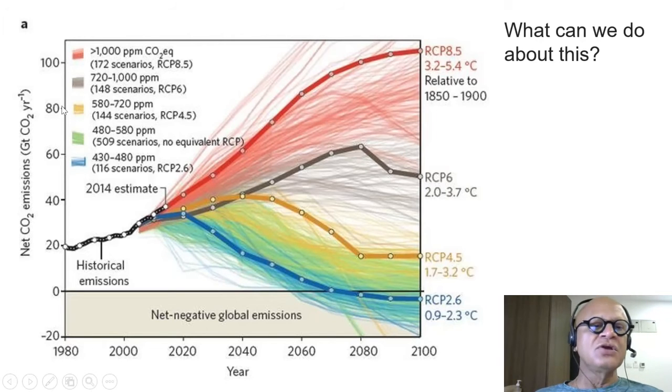So here we are again looking at the projections out to 2100 for the various scenarios. We talked about these before, but just in case you don't know, representative concentration pathways, RCPs, were designed based on the net additional forcing at the top of the atmosphere.